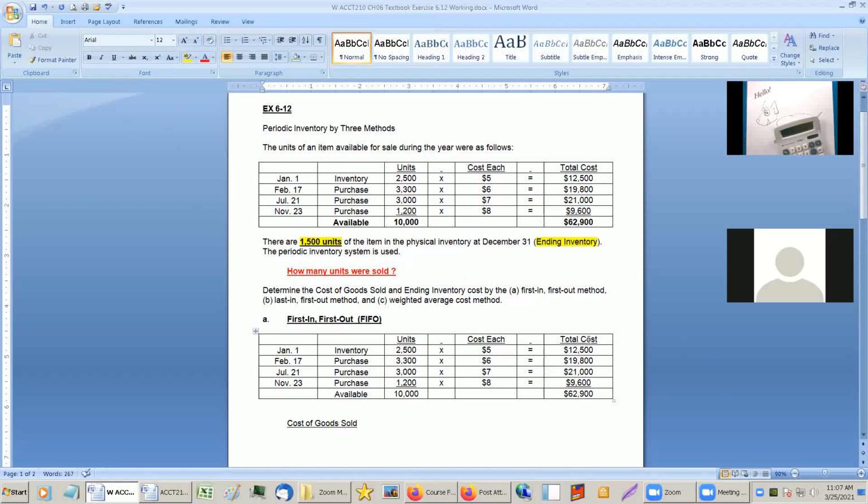So these are all the purchases that are available. And they said there's only 1,500 left. They didn't tell us what the sales were, and they didn't tell us the sales price.